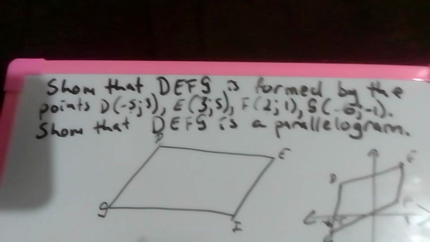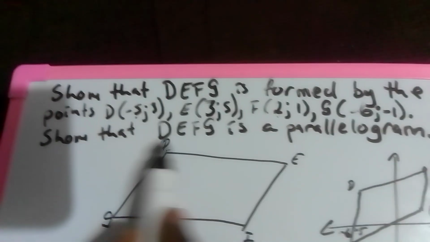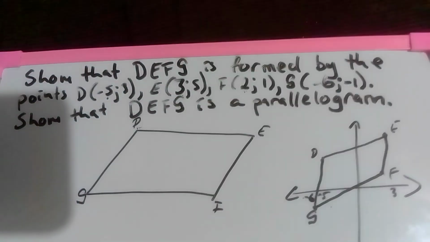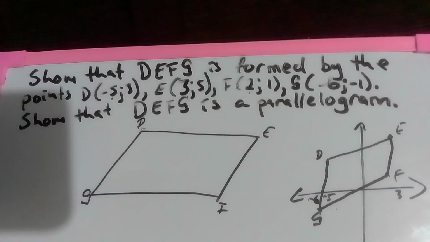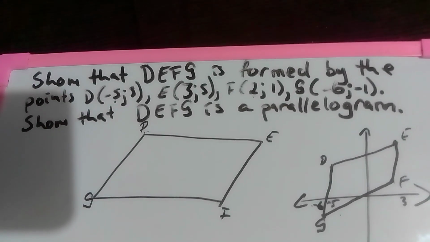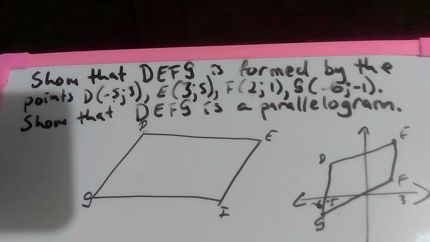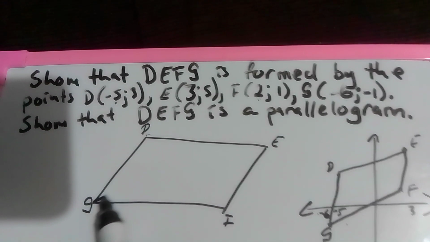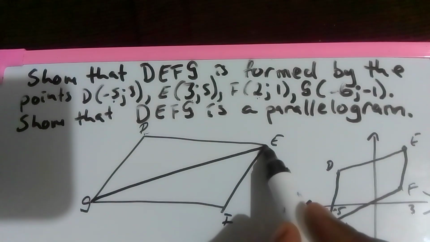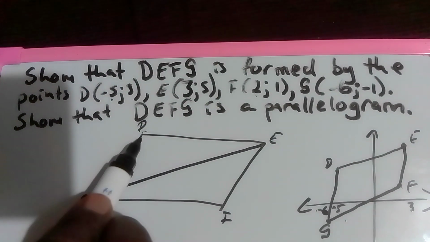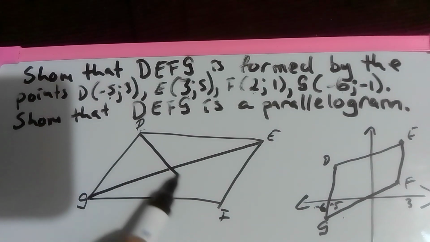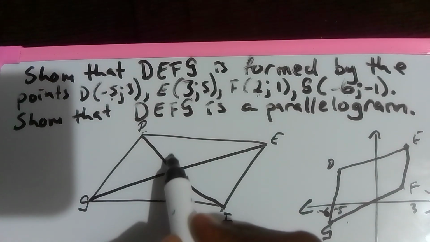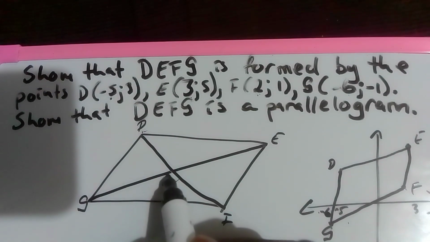Let's come back again. They've said show that DEFG is a parallelogram. And when I want to show that it's a parallelogram, you are now going to use your information from Euclidean geometry about the properties of a parallelogram. So to prove that, I know that I've got diagonal GE and diagonal DF, and where they meet here is what we call the midpoint.